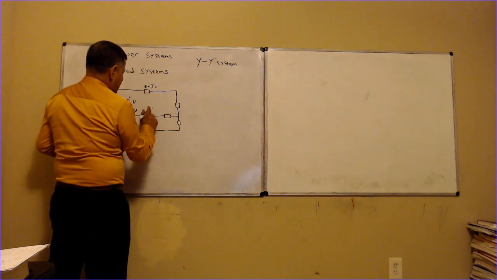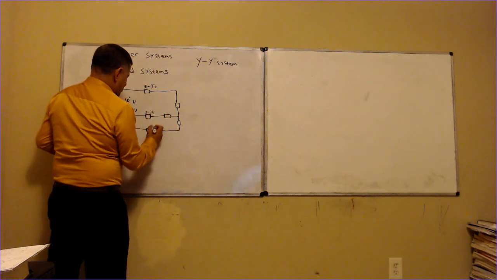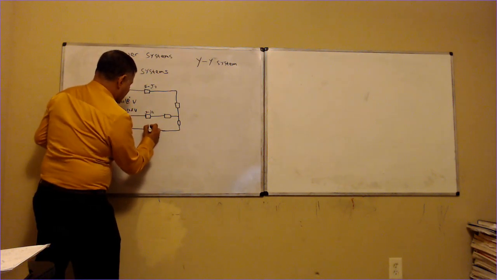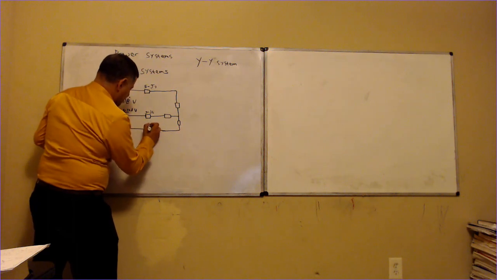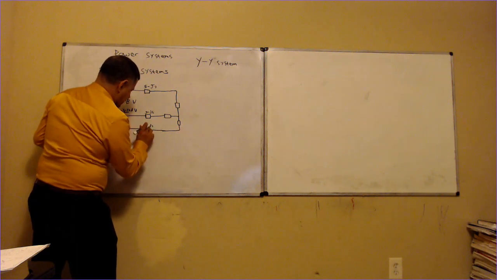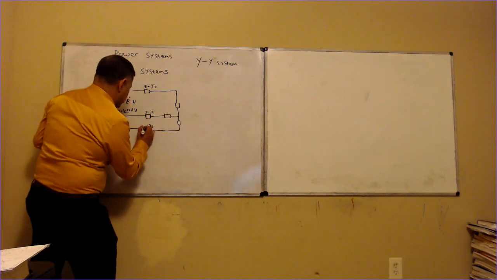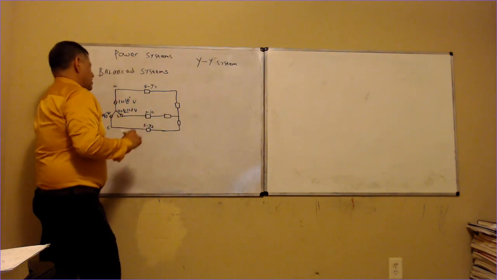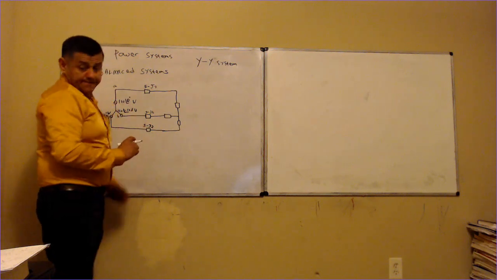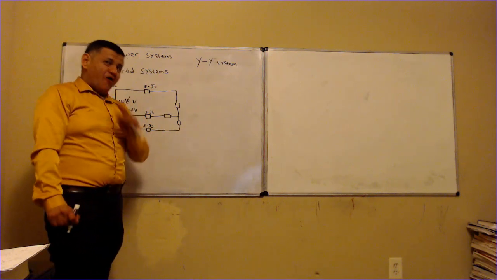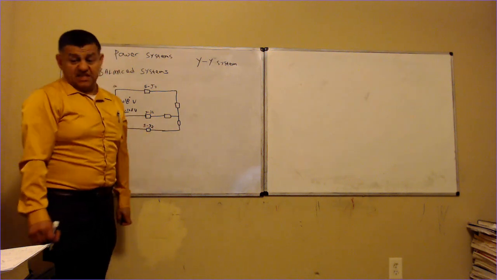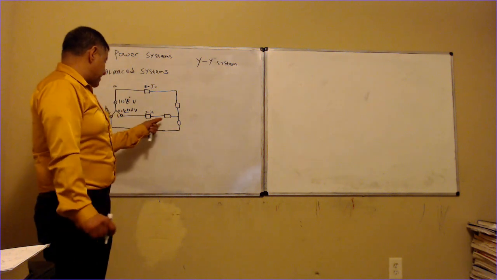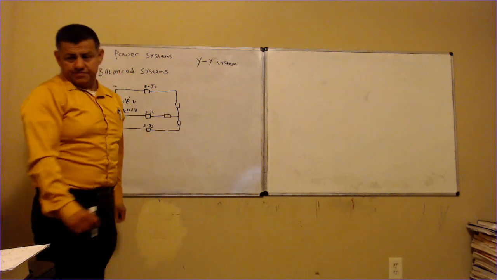And then J2, 5, and then J2, and right here. All right, so every single one will be the same. And of course, if you're talking about a balanced system, this should have the same, not the same value as this, but they should be the same, all of them.